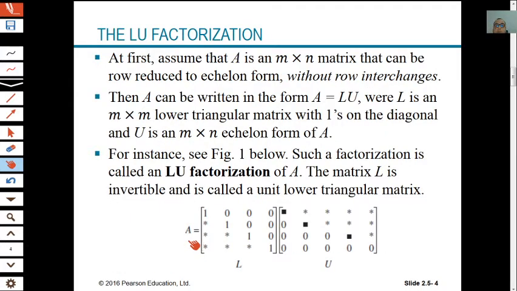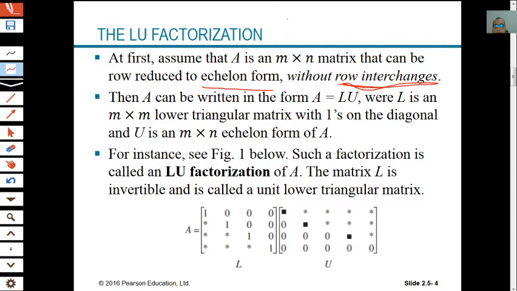At first, assume that A is an m by n matrix that can be row reduced to echelon form without row interchanges. We don't use this operation when we find the echelon form of the matrix.